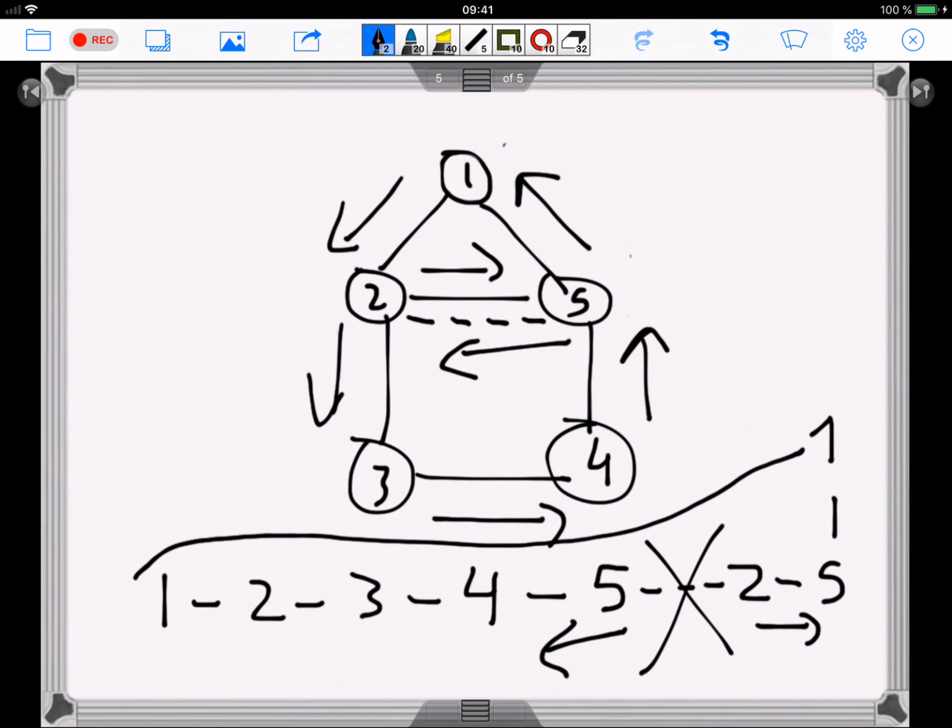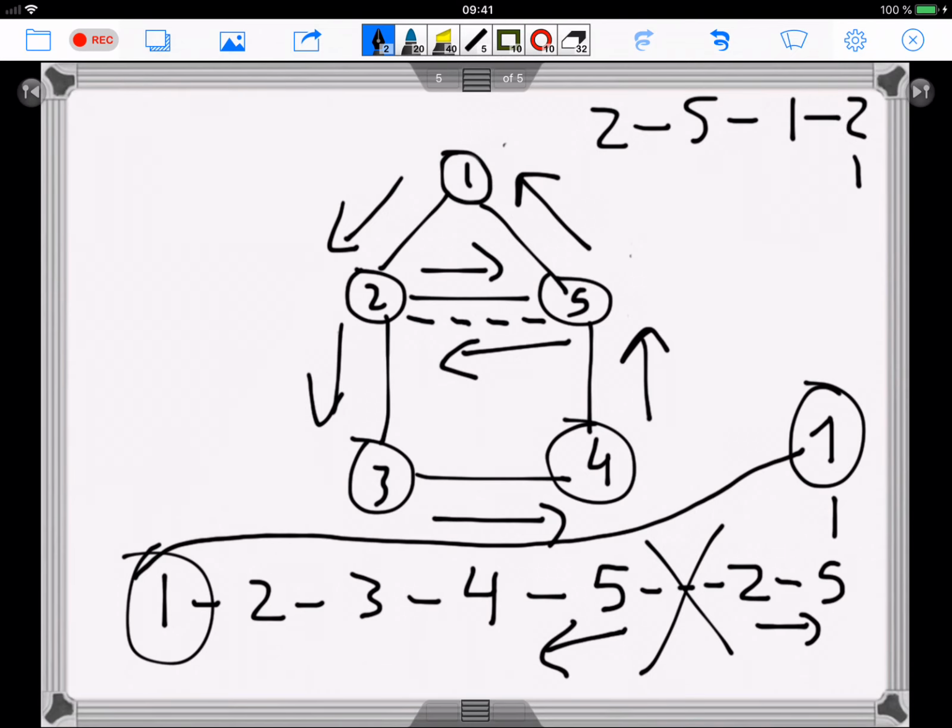So for instance, if I start in 2, I go to 5, then to 1, and notice that this one is this one here. So then I go to 2, then I go to 3, then I go to 4, and finally to 5. And this is the path that I find. If I read the path from 5 to the left, then I have the same, but starting from 5 going to 2.